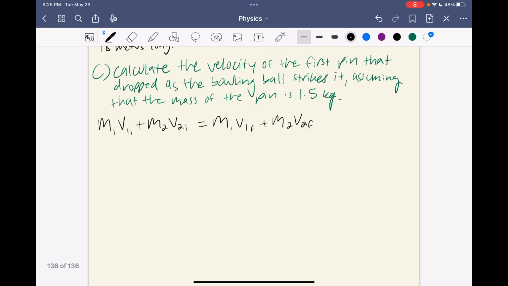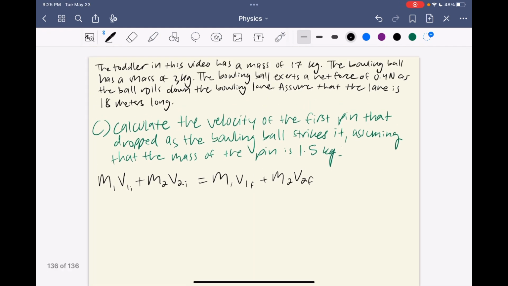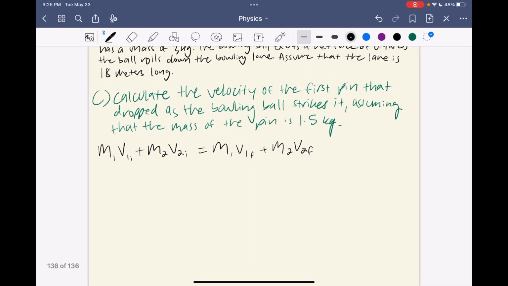So now we can start plugging in what we know. Let's first assume that the bowling ball is mass 1 and the bowling pin is mass 2. So m1 is the bowling ball, and then m2 is the bowling pin.